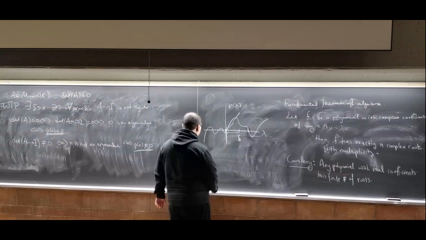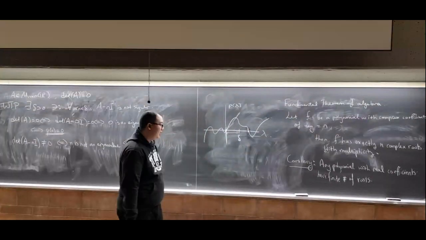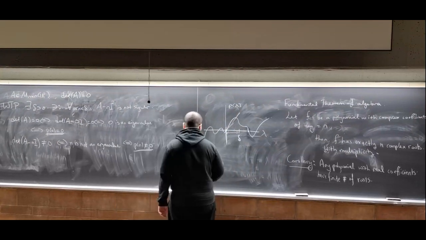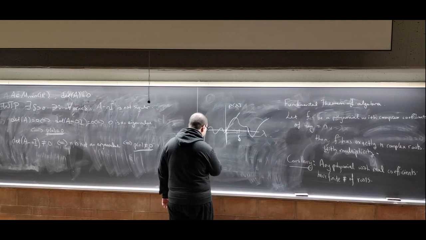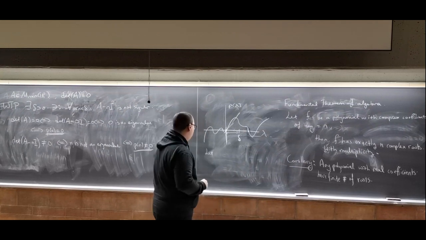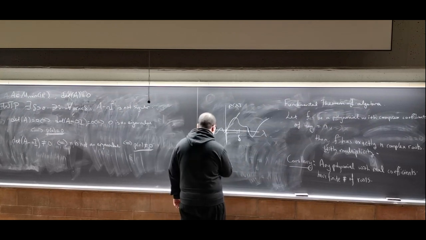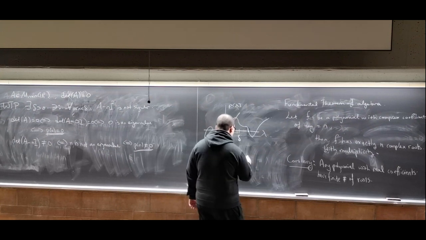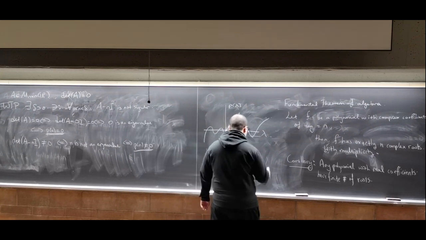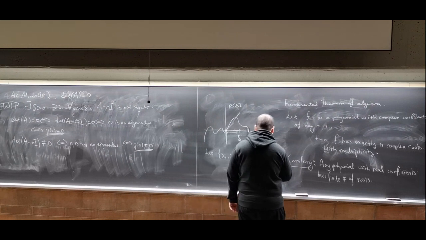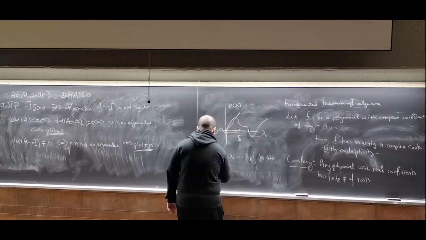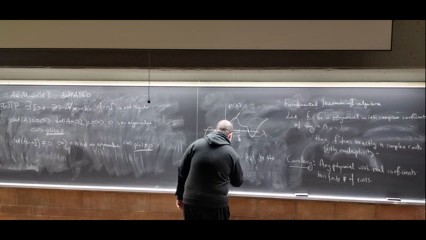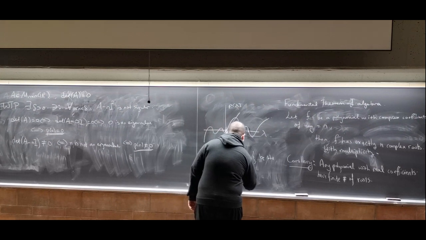So now what we do is we use something called an axiom of choice. So let lambda 1, lambda 2, all the way to lambda k be the set of roots of the characteristic function.